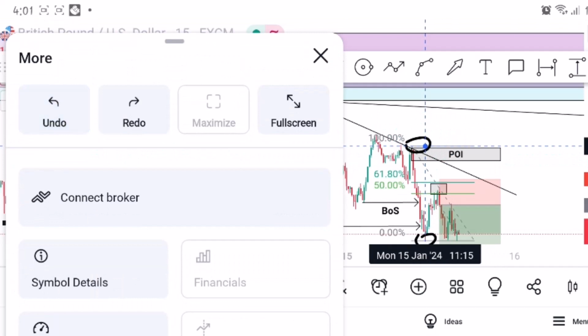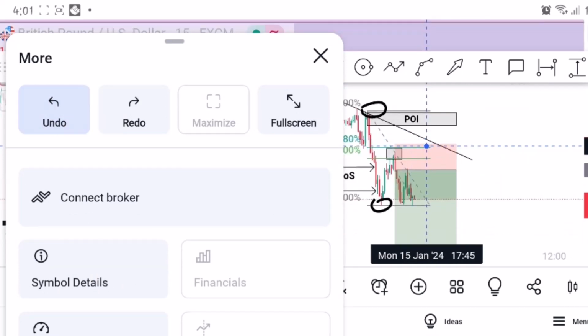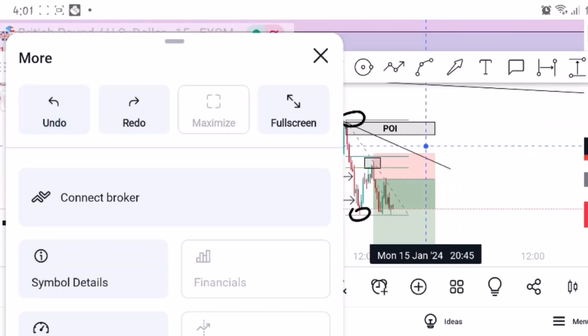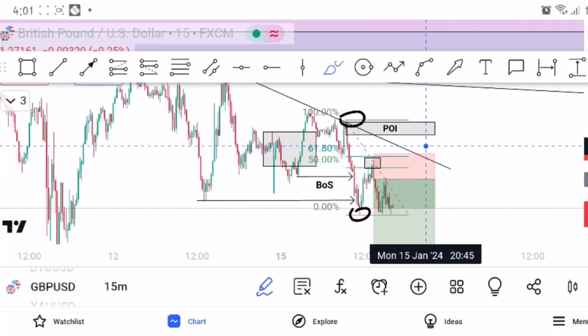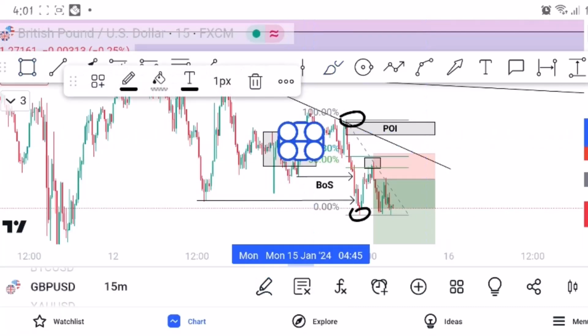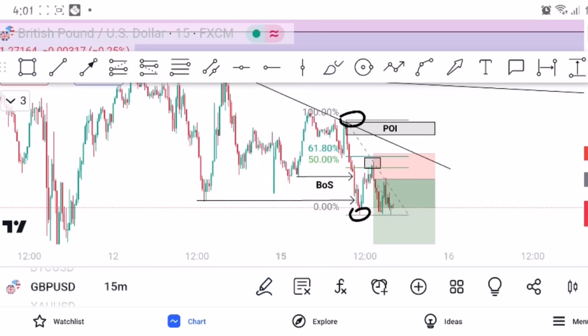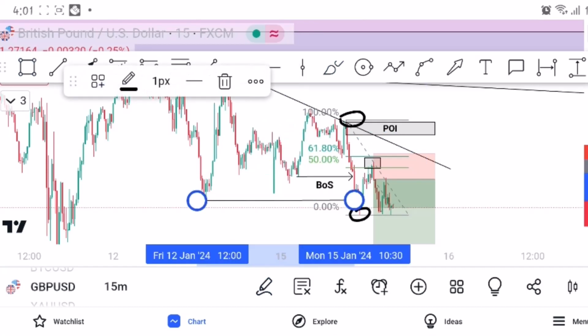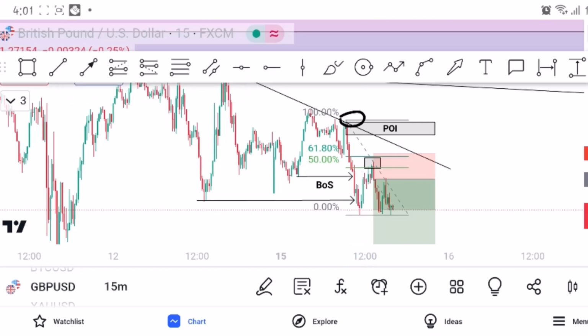So after price respected that level, I pulled in on that immediately. As you can see from this chart right now, I pulled in on that immediately. So the trade is still running and it's still moving in my favor.